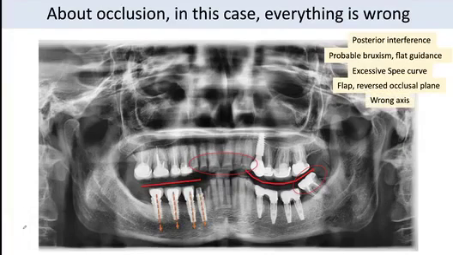Wrong axis for this implant on the right side. Why wrong axis? Because the direction of the force is inclining majorly, like also the direction of the muscles. It is not the only reason of the direction of the force, but everything is wrong.